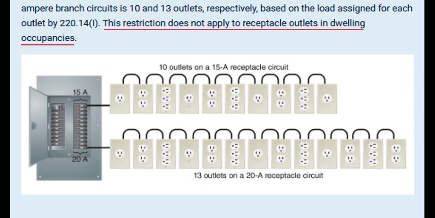And the reason I make a big deal out of that is that it's a classic journey level exam test question: what is the per outlet calculation for a receptacle in a single family dwelling? Well, that's a trick. That's all done in that first part of the calculation to determine the total load for a dwelling unit. But here they're saying 10 outlets on a 15 amp circuit, 13 outlets on a 20 amp circuit.